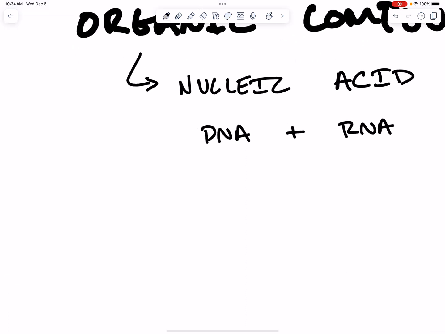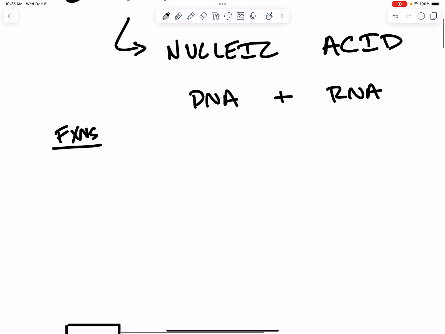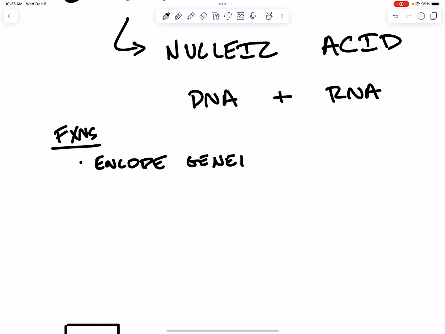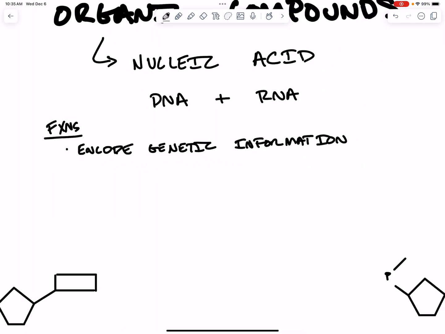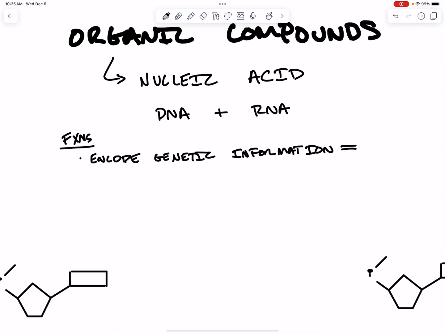And the functions of DNA and RNA: the primary function of DNA is to encode genetic information. This is mostly DNA that's doing this.